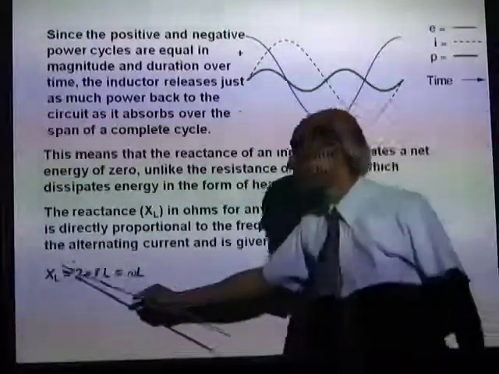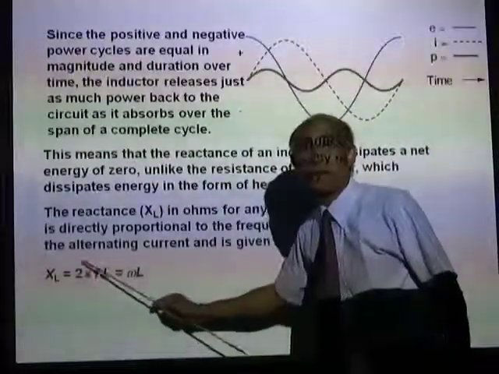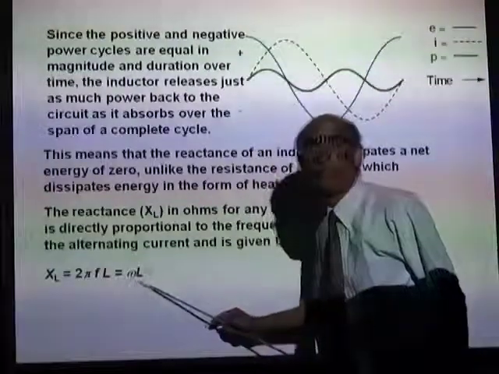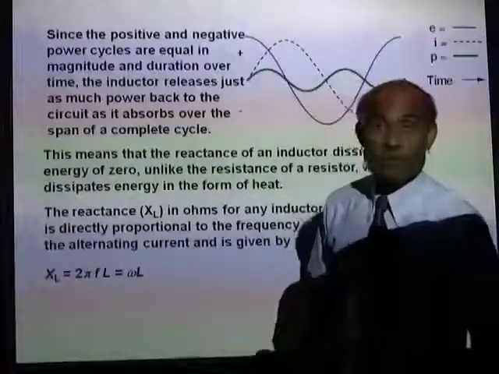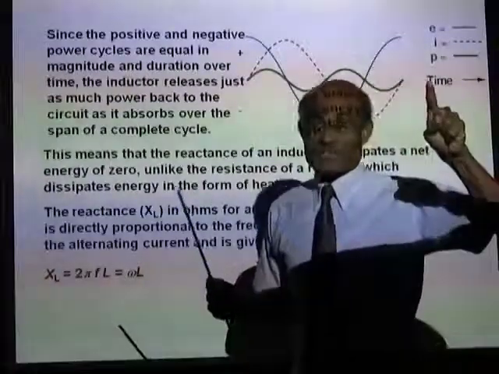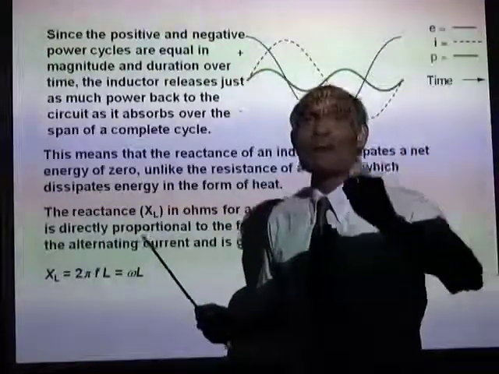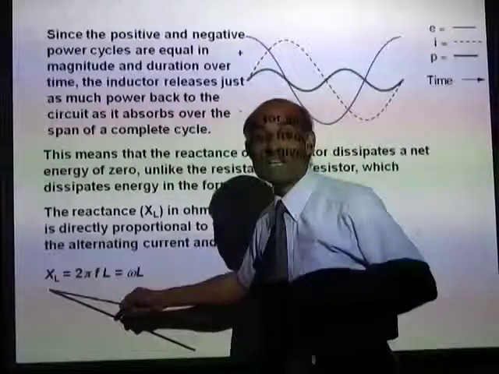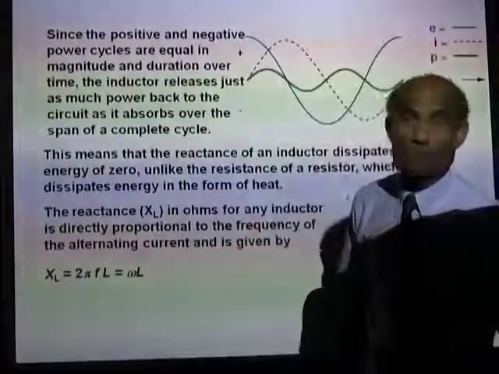Look at the equation: XL is 2πFL, and since 2πF is angular frequency omega, we can also write it as ωL. Going back to the capacitor, XC is 1 over 2πFC, whereas for an inductor, XL is 2πFL.